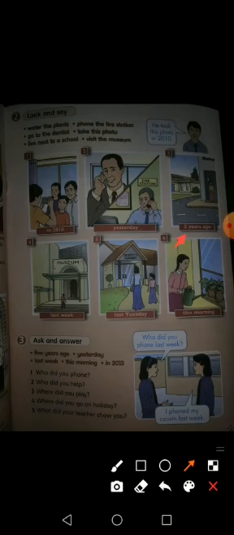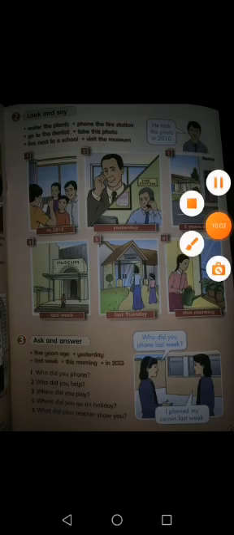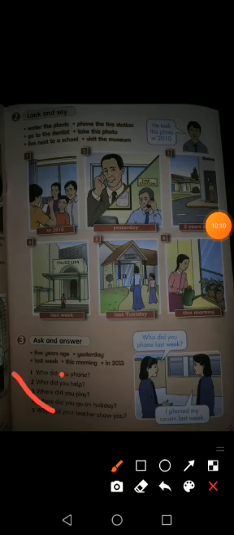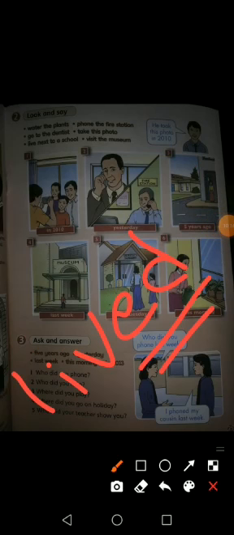She lived next to a school 5 years ago, right? She lived next to a school 5 years ago. I say lived.